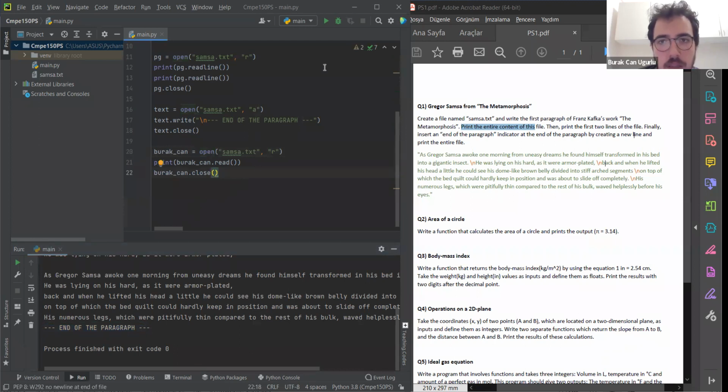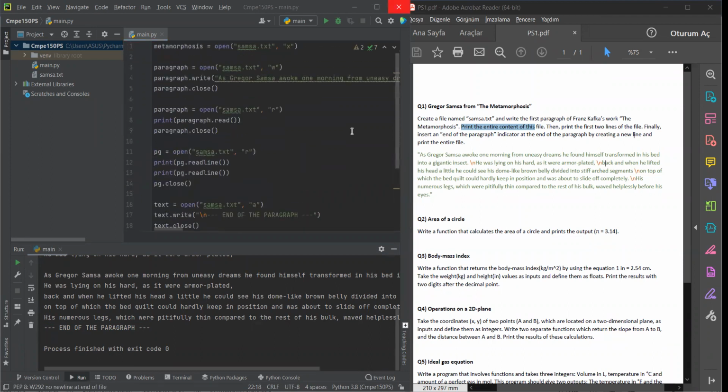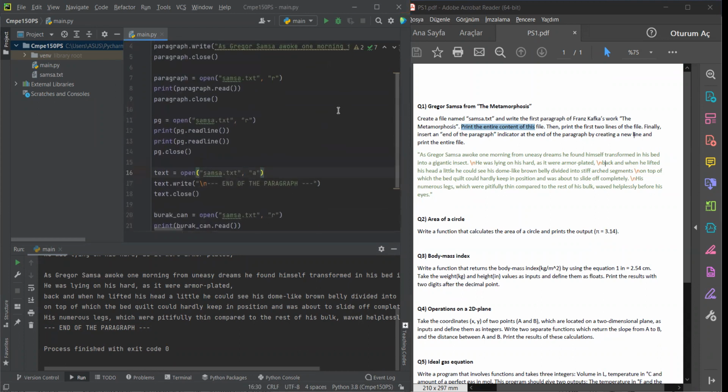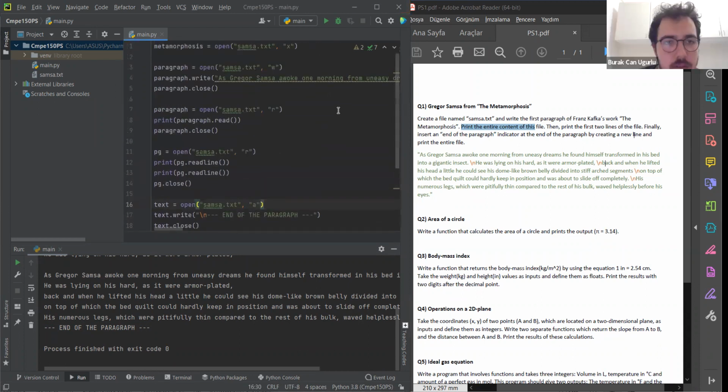So Ünal wants to ask something. Yes. I don't understand why we're using different variable names for each file handle each time. Can't we use a single name and then continue? You can use whatever you want. It can be the same one. I'm just differentiating it for fun. I can write here all of them as paragraph.